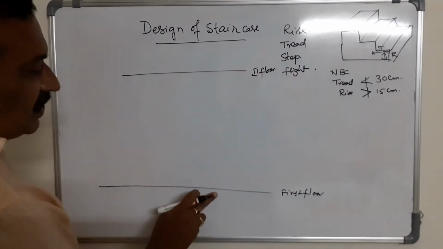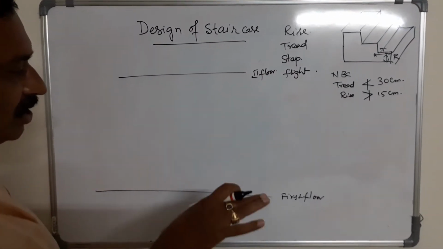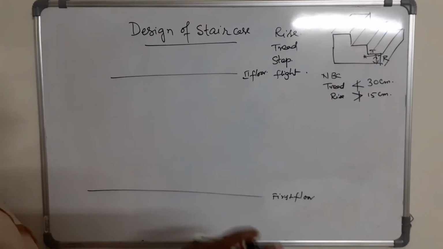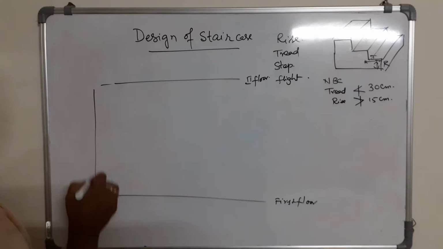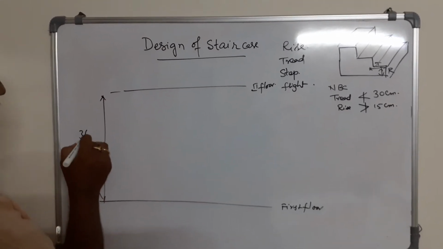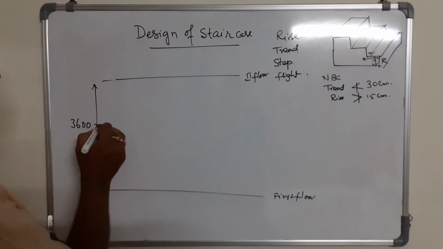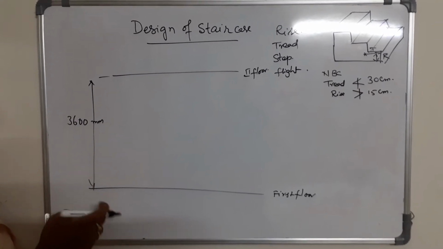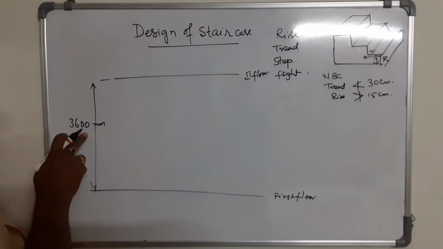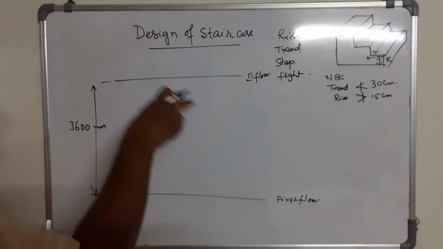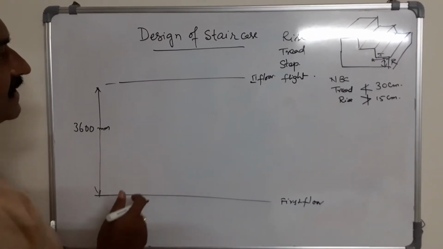This line indicates the top level flooring of any floor. Let us say the floor height is 3600 mm, that is 3.6 meters. That means the height of the floor is 3.6 meters. Now I need to design a staircase for this.